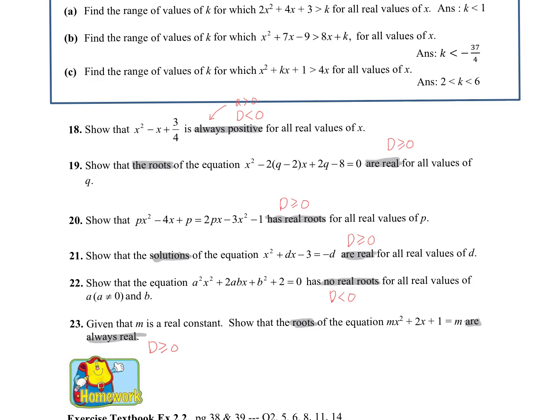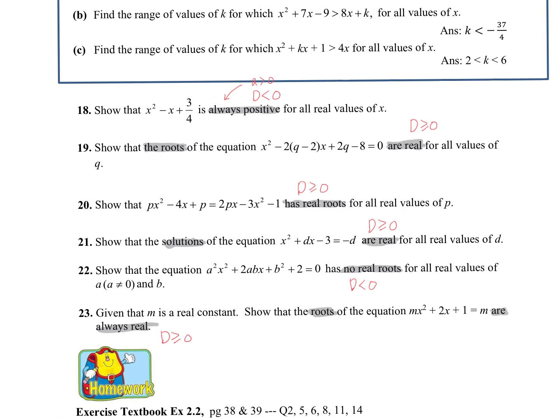So as long as you can show to me that the roots are real, whether you prove to me that discriminant is greater than 0 or equal to 0 is good enough. You just need to show me that it's a real solution. It cannot be negative. Okay, actually question 18, right? There is a catch here. You can choose to use discriminant, or if you prefer completing the square, you can also go back to that to show that it's always positive.